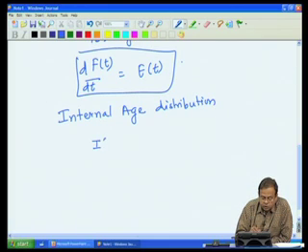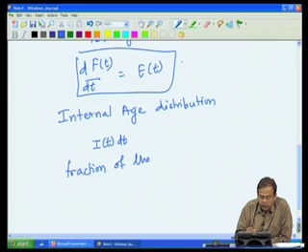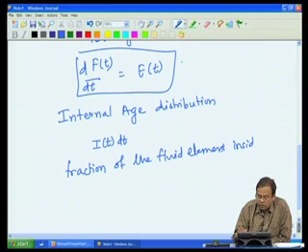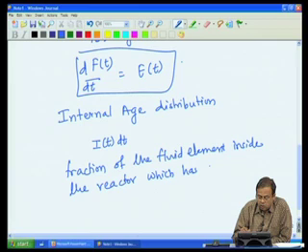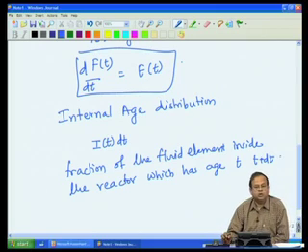Internal age distribution I of t dt is nothing but the fraction of the fluid element inside the reactor which has age between t and t plus dt.